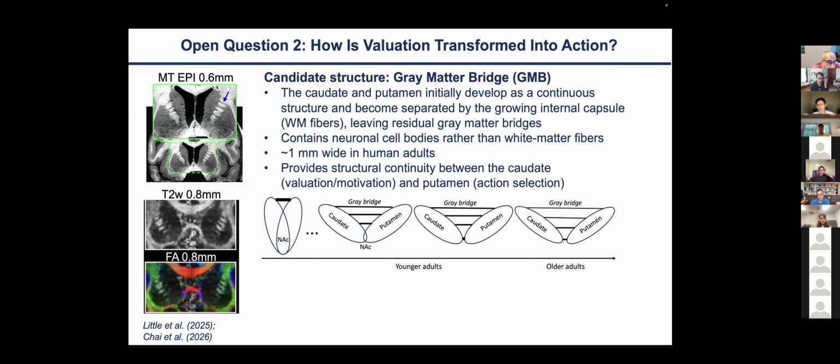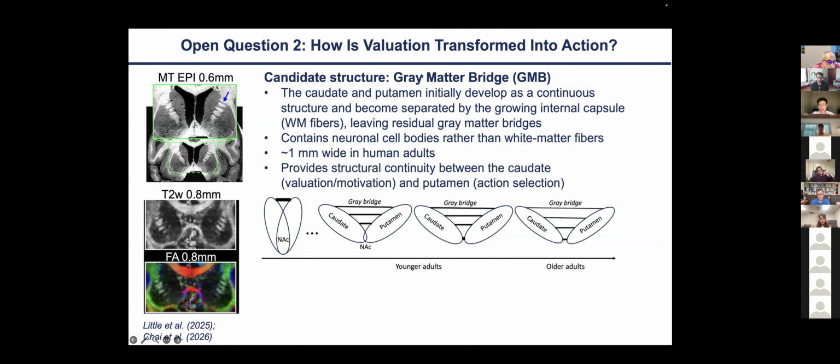So the question here is how one stage is transformed into another, how the evaluation stage is transformed into action selection. And we are going to focus on one candidate structure.